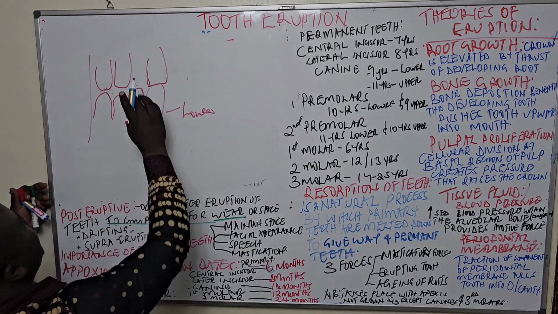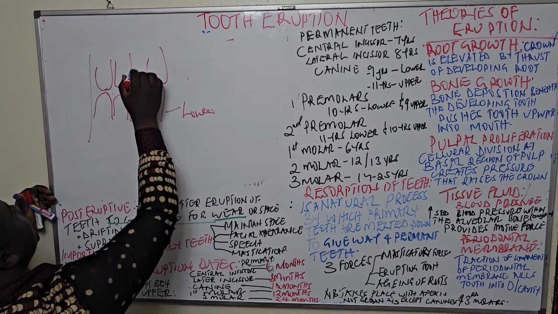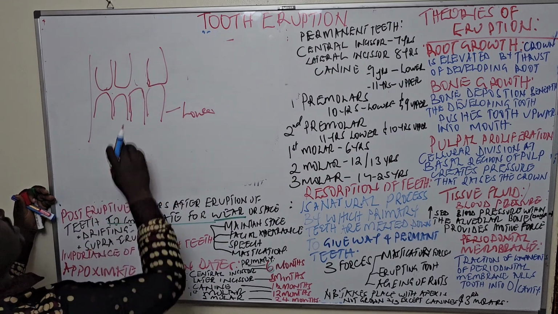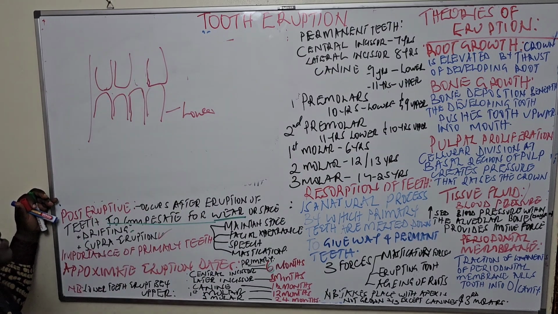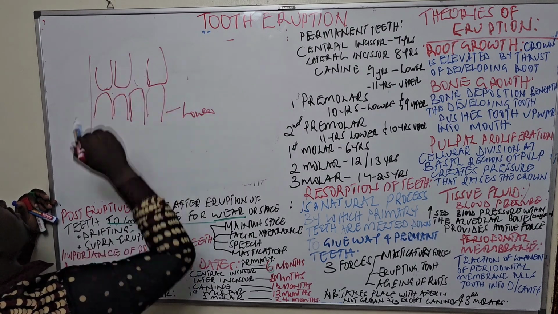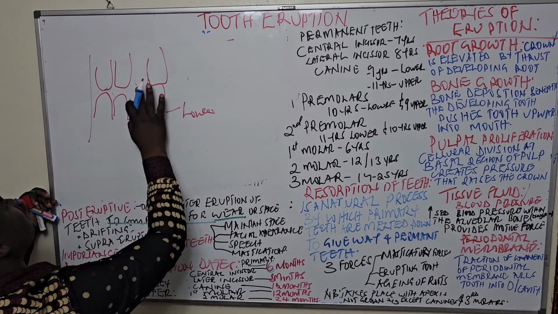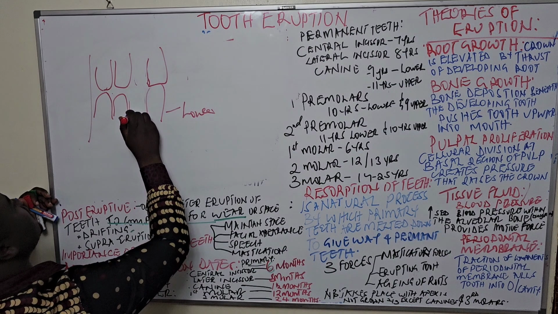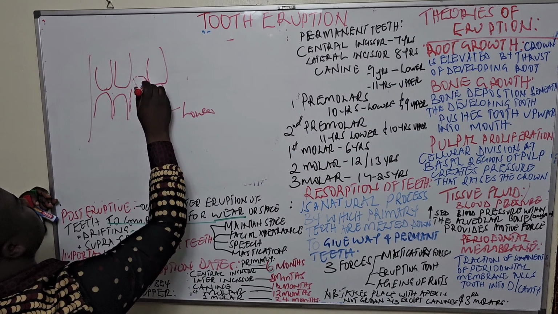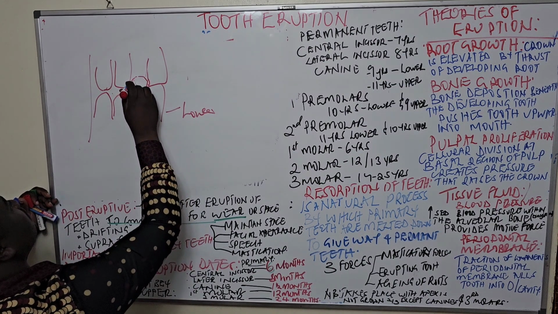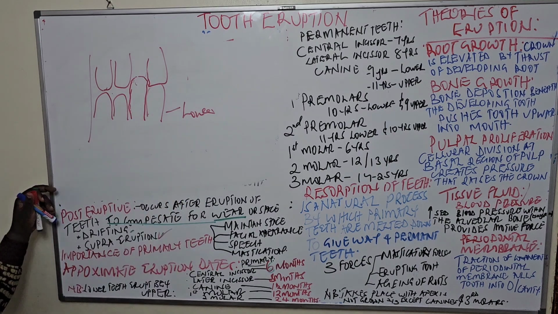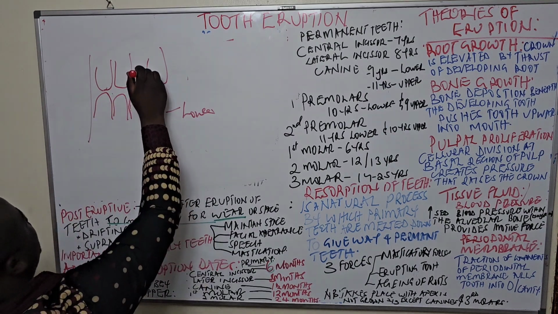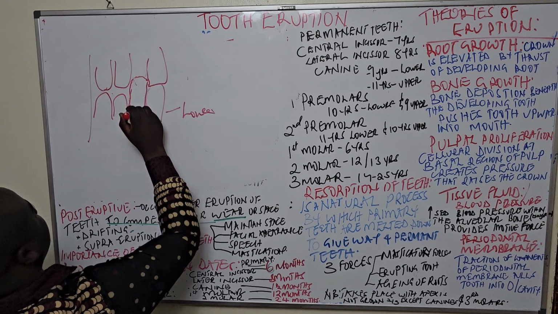We are saying if X has moved up, the body does this supra eruption to compensate for this space. So what happens? By doing this, it will grow longer.